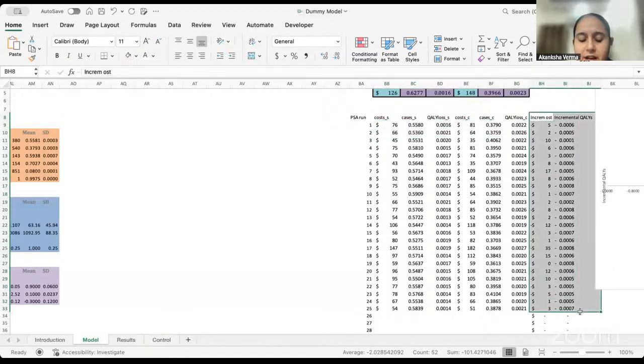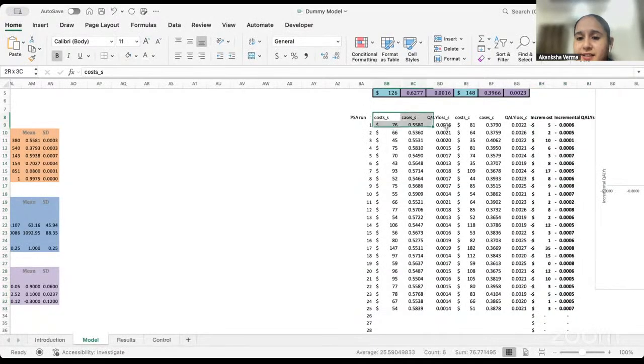This is something which I have calculated to show you, and these are the results I have pasted from the PSA.